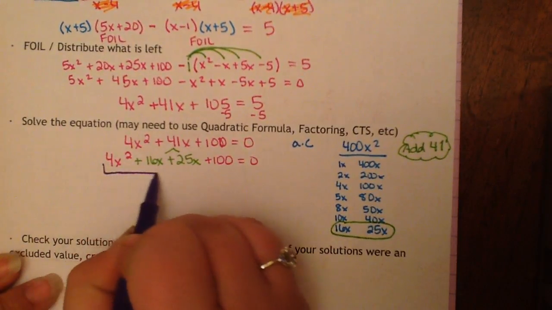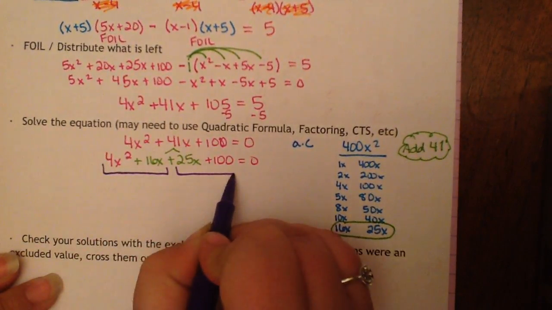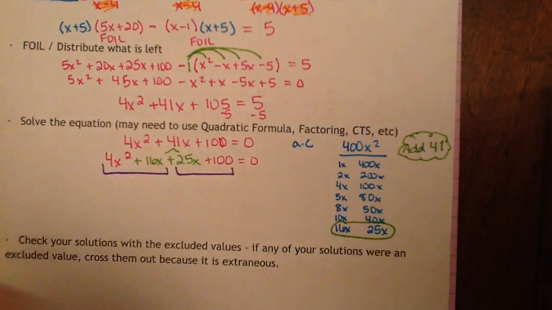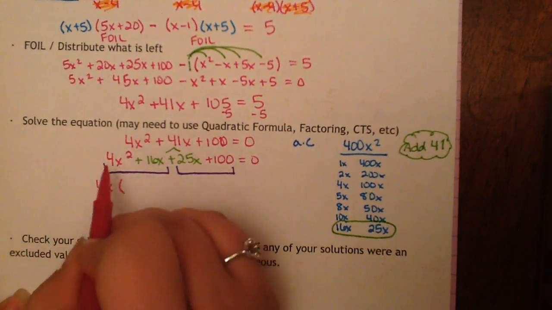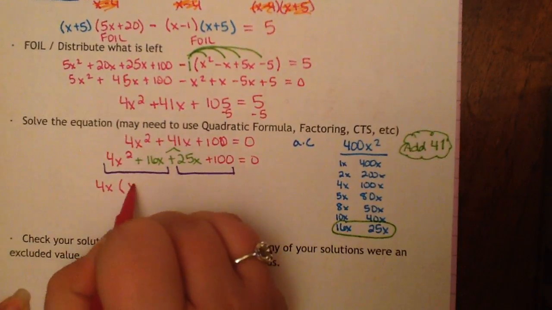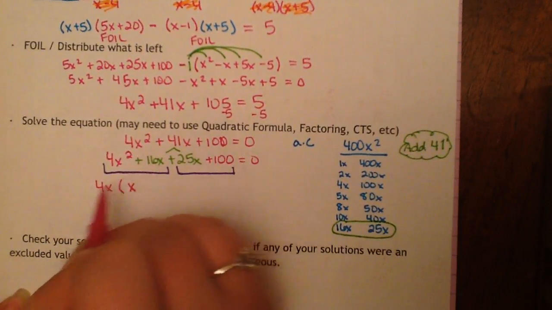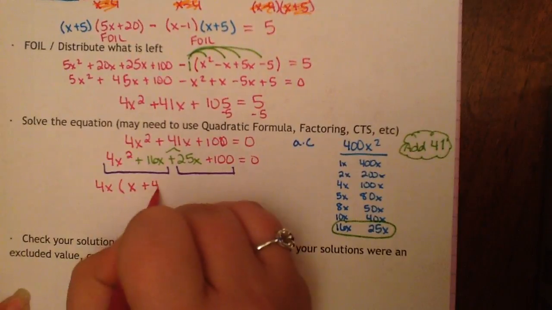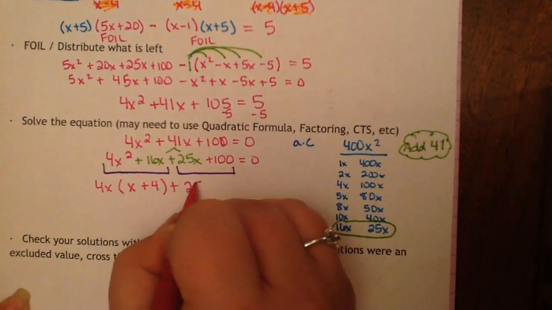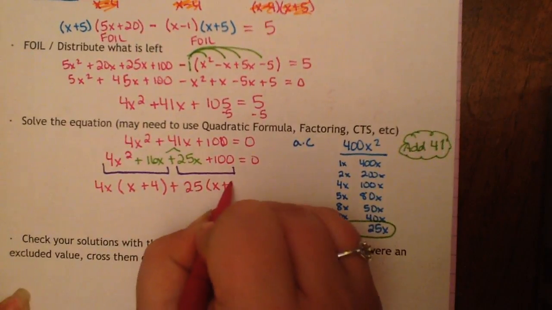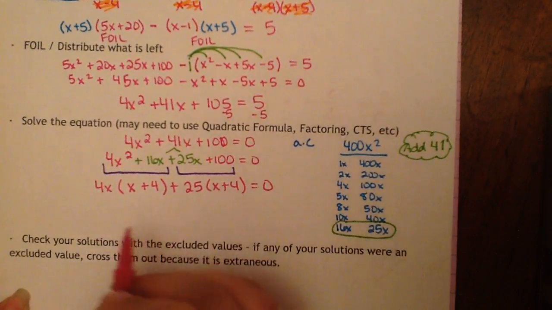So remember, you group the first two together, group the second two together. Let's see what we've got in common. So these two have a 4x in common. 4 divided by 4 is 1. So we've got 1x. 16 divided by 4 is 4. These two, we've got a 25 in common. And that also leaves x plus 4, which is a good thing.